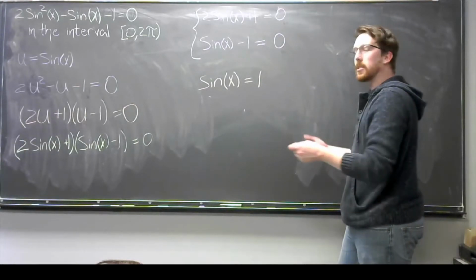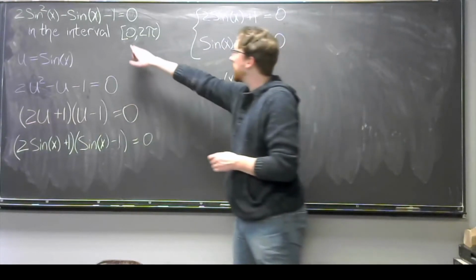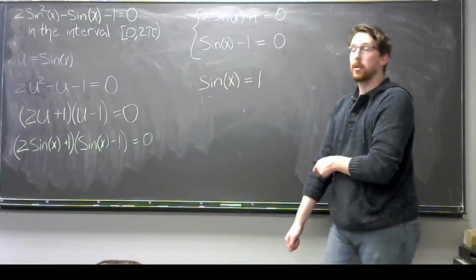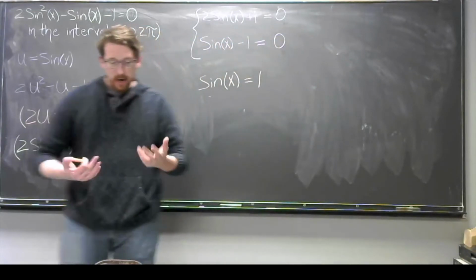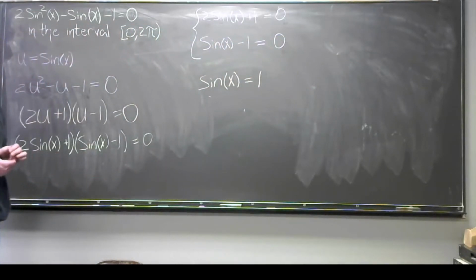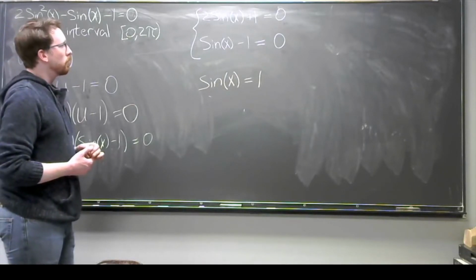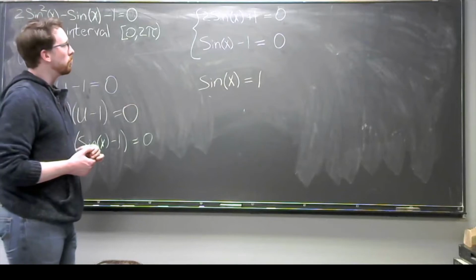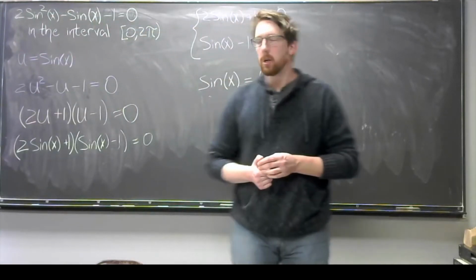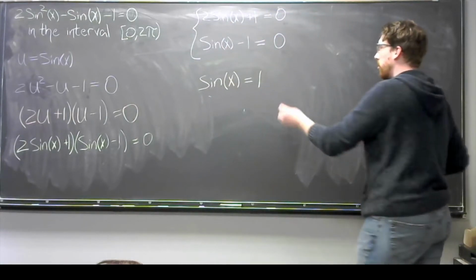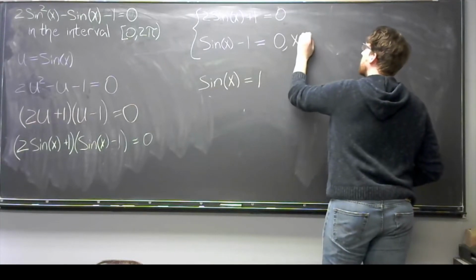Well, if sine x is equal to 1, and we have to pick an x between 0 and 2 pi, where can our zeros be? What answers could we possibly come up with? Pi over 2. Any others? No, not really. Just pi over 2. So this tells us x is equal to pi over 2.